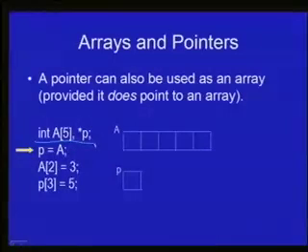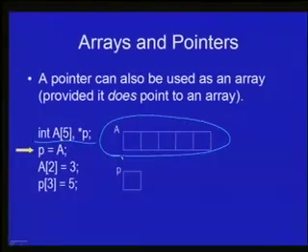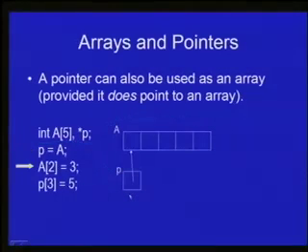A is an array of 5 elements, so that is how it is depicted, and p is a pointer of type int star, which means that this variable p will hold a pointer to some integer. Now the first assignment is p assigned a. So what happens when this assignment executes? The address stored in the variable p is nothing but the address of the 0th element of A.